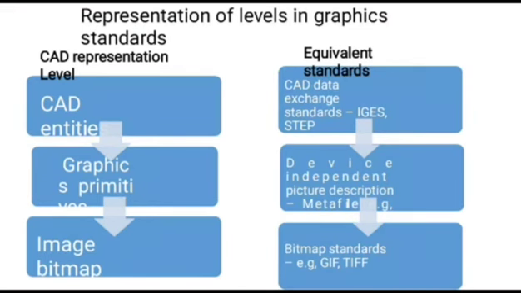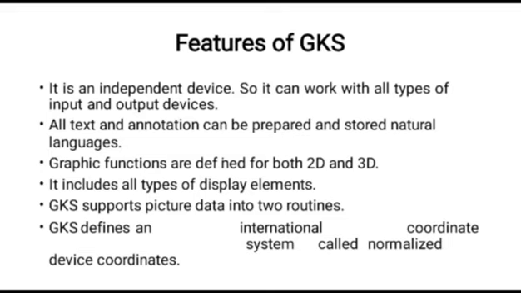The representation level of graphic standard. The graphic representation level gives CAD entities, graphic primitives and image bitmap, while the equivalent standards give CAD data exchange, device independent picture description, and bitmap standards. Features of graphics kernel system.